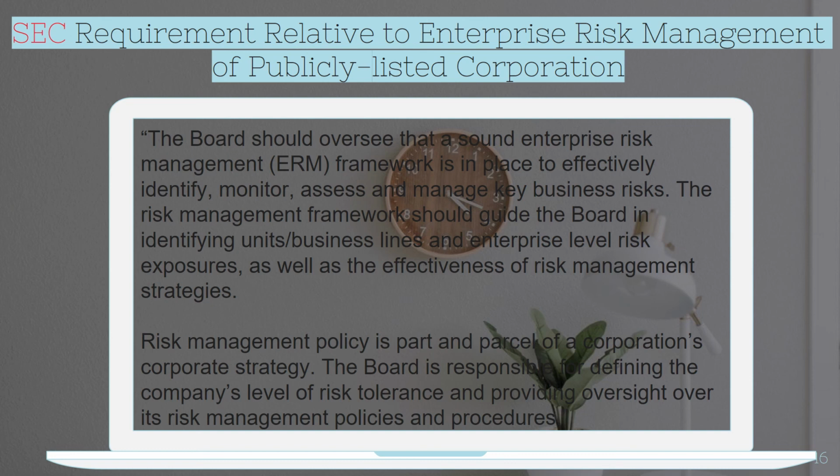Risk management policy is part and parcel of a corporation's corporate strategy. The board is responsible for defining the company's level of risk tolerance and providing oversight over its risk management policies and procedures.